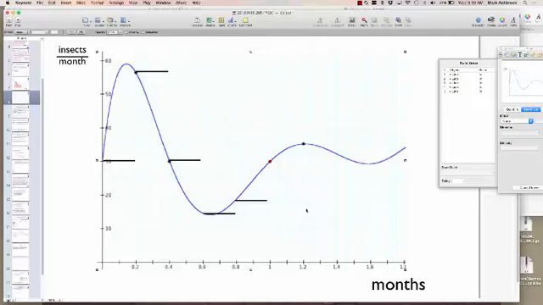This is another way to simulate what the rate of change function is. And then again, to get the total change in insect population, so I'm not including the 105, I just want the total change now.